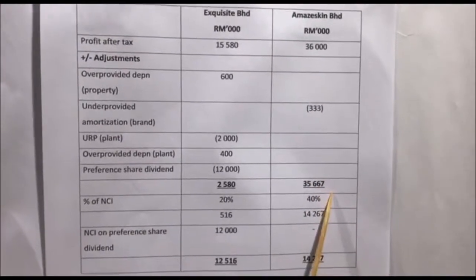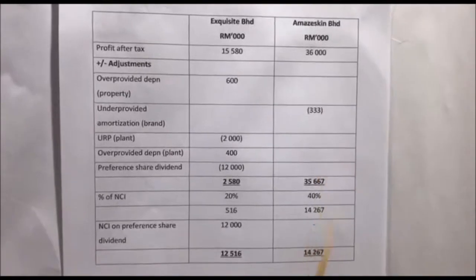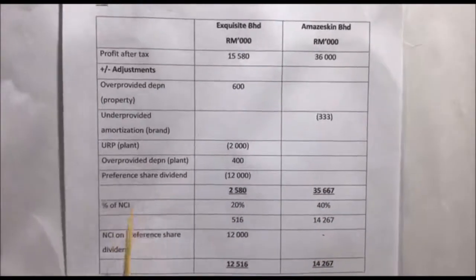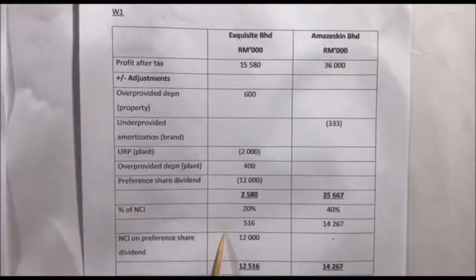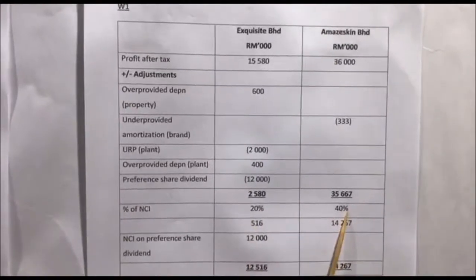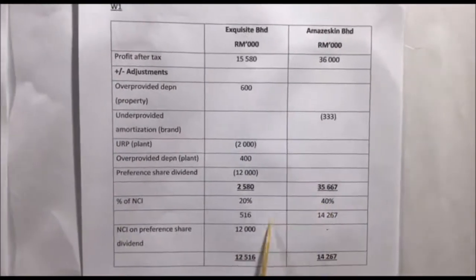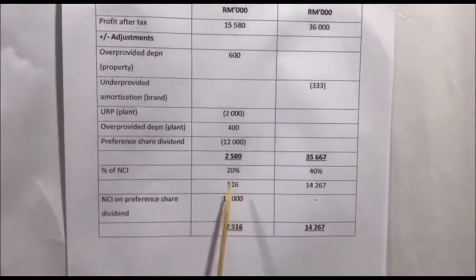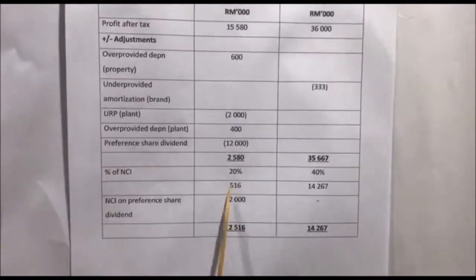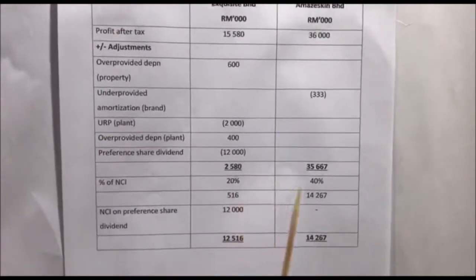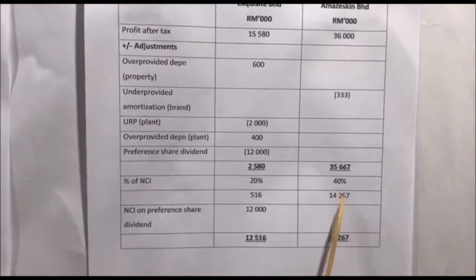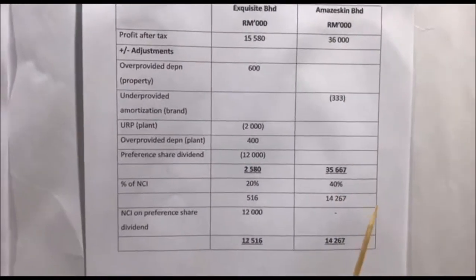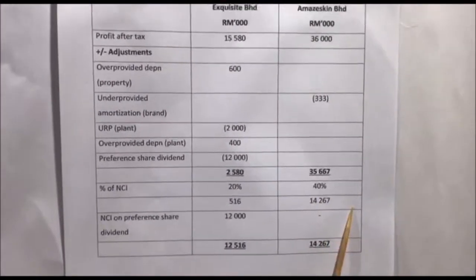35.667 million. And then it will be apportioned according to the percentage of NCI for each company, which is 20% and also 40%, which we will get 516,000 and also 14.267 million.